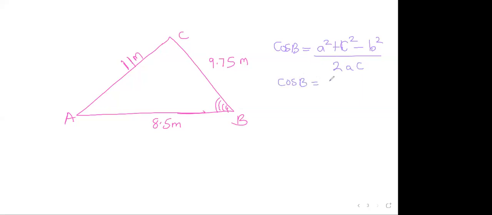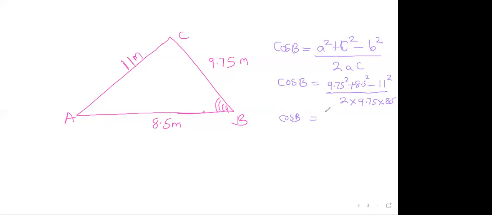Then I got cos B is equal to 9.75 squared plus 8.5 squared minus 11 squared out of 2 times 9.75 times 8.5, which gave me 95.0625.